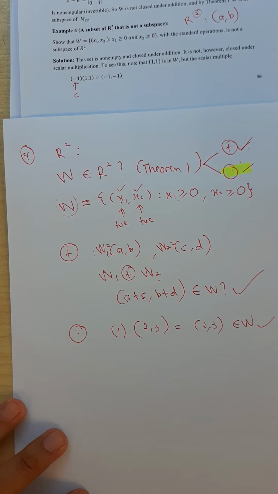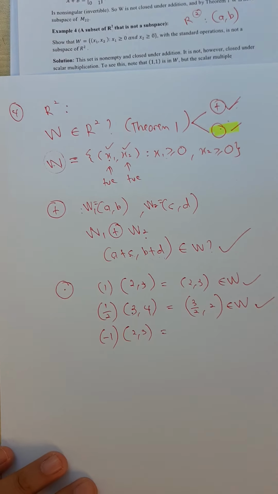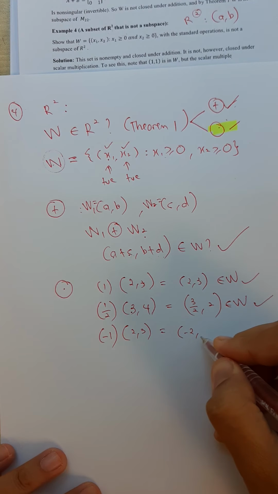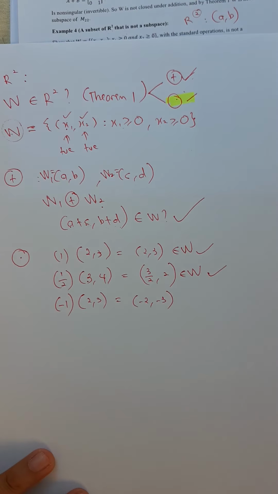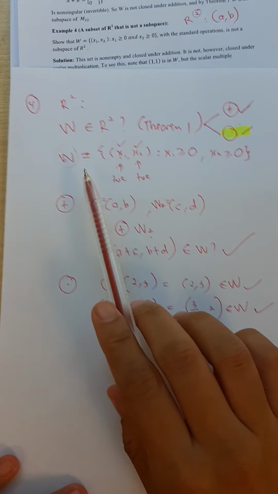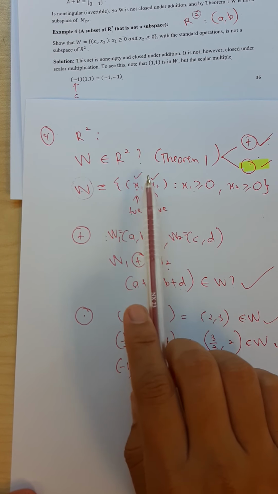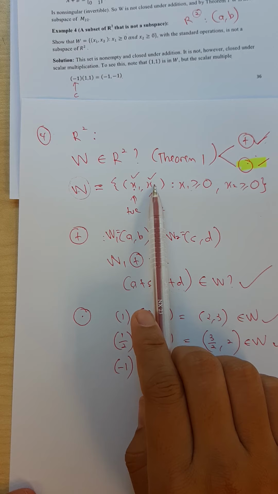So the problem now arises from the choice of your scalar multiple. Let's say I choose negative 1 and I choose my usual vector here, (2, 3). What would I get now? I'm going to get negative 2 and also negative 3. There is a problem here because W is defined in such a way that the first and the second coordinate are both positive.